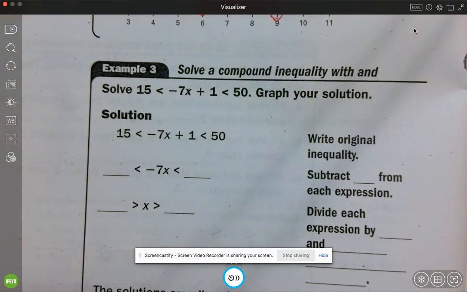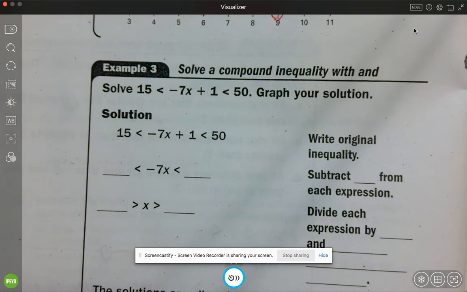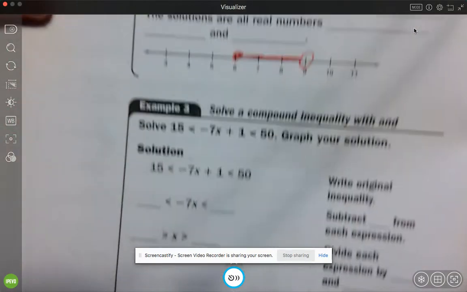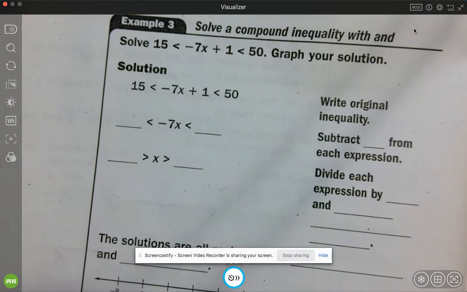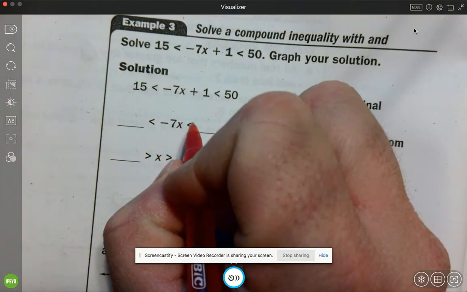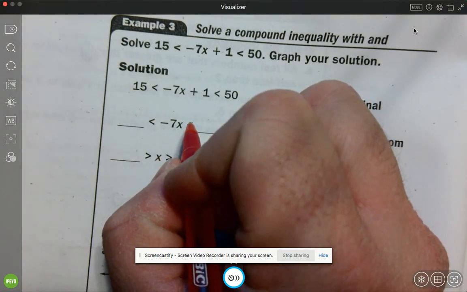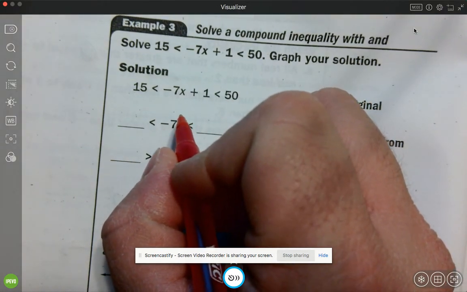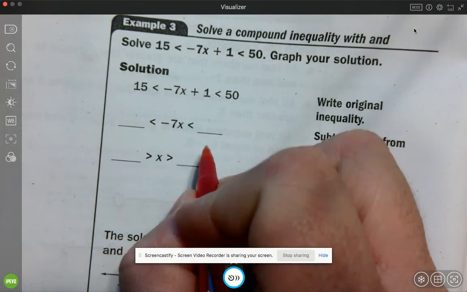Another compound inequality, another and. This one they kept together for us. The only difference is they split the last one up, and this one they're keeping together. So let's just do it the way we've always been doing it.